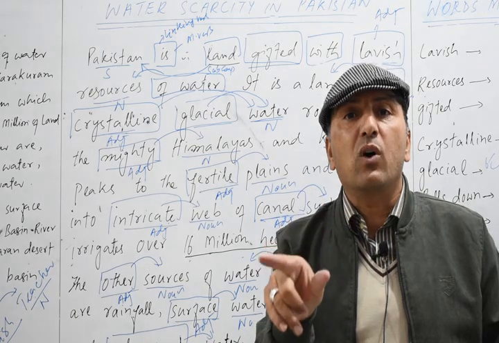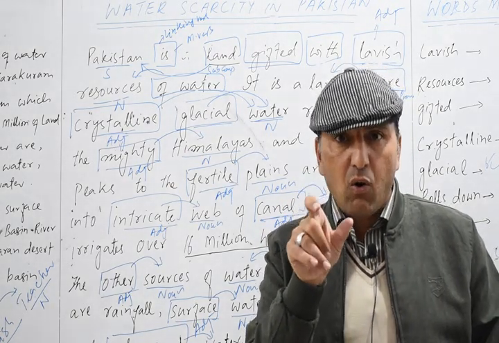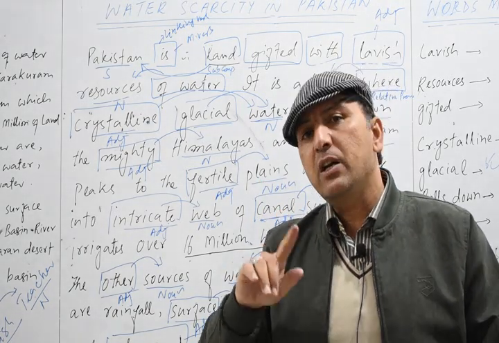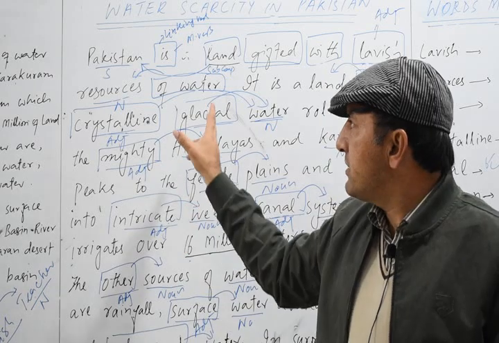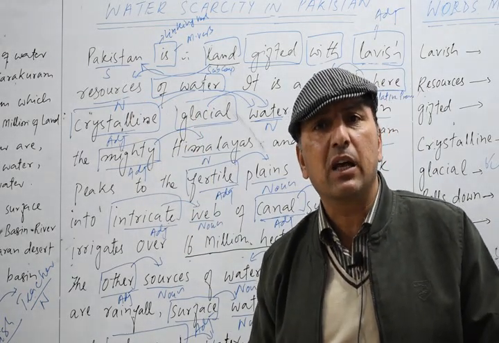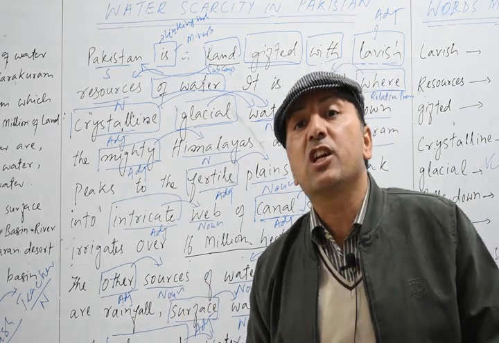Of is a preposition and water is a noun. Basically it is a prepositional phrase because it starts with the preposition and ends with the noun water, but it tells us about resources. ये हमें resources के बारे में, noun के बारे में बता रहे. तो ये बेसिकली तो prepositional phrase है, लेकिन यहाँ पे ये क्या है, adjective phrase.